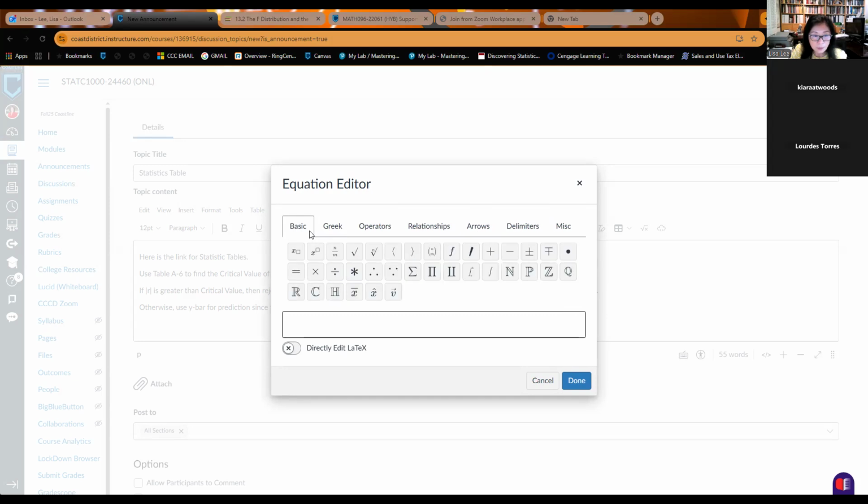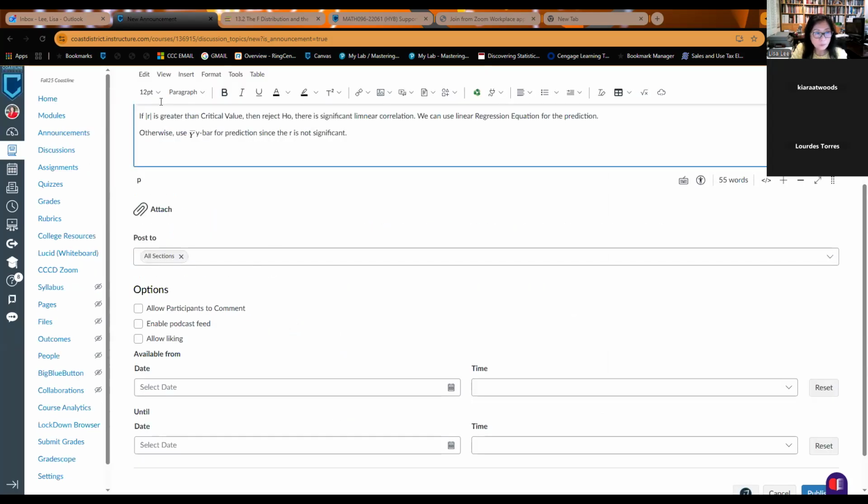I want to do the Y bar, so I put the bar down, and we pop out Y bar here. It's a mathematical symbol you can use.